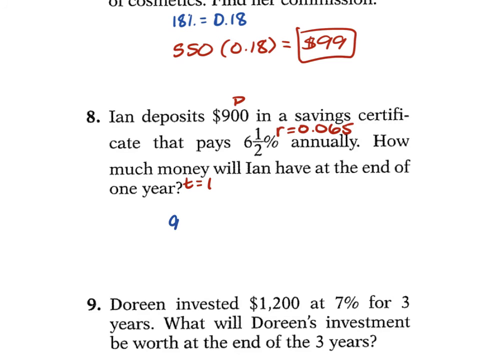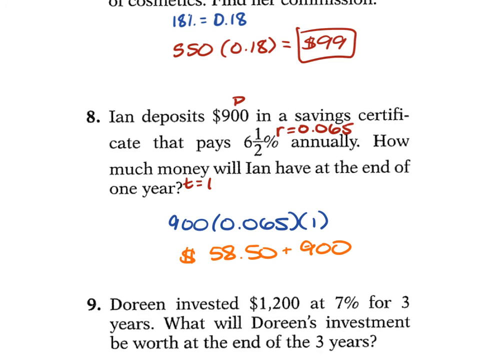So we'd use 900 times 0.065 times 1, and we get $58.50. So we're going to add that to the 900, and that gives us a total in the account of $958.50.